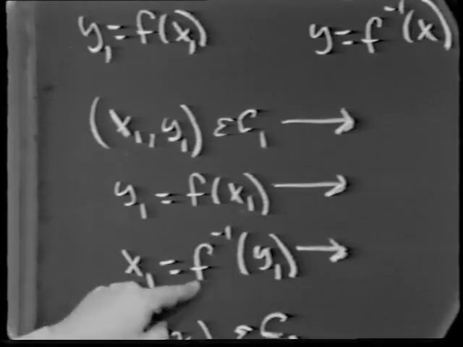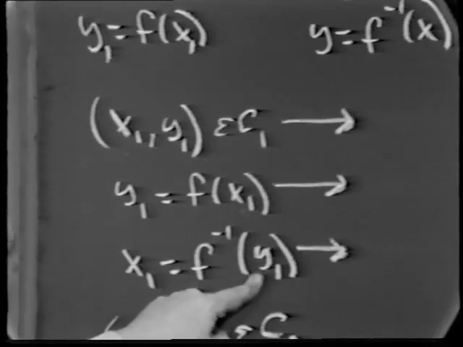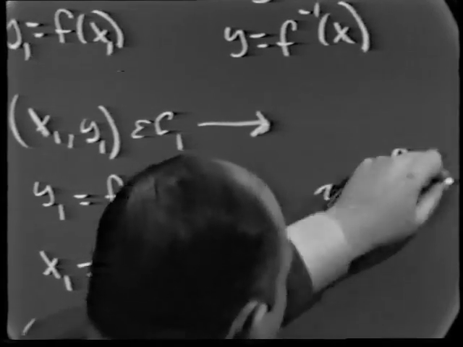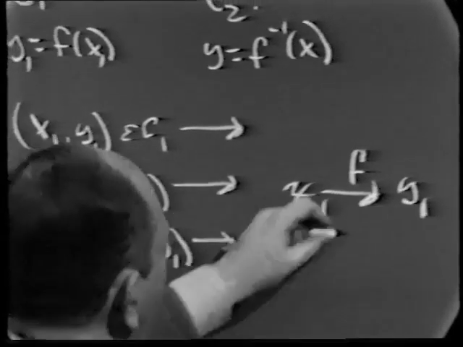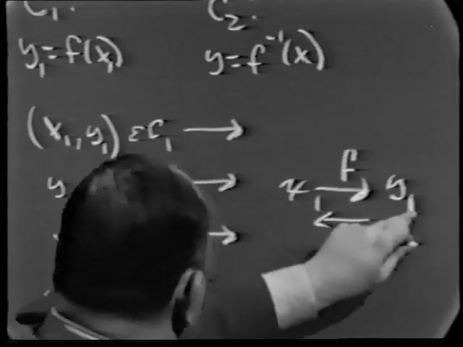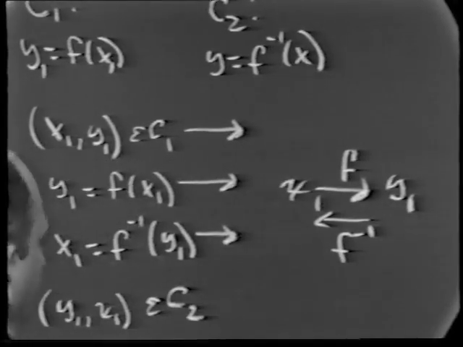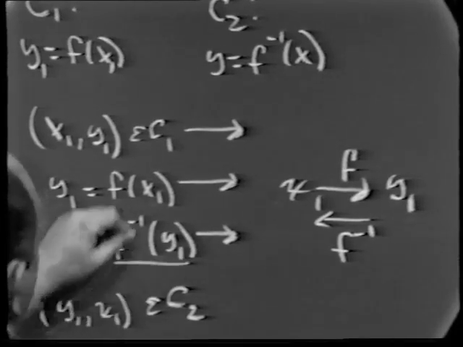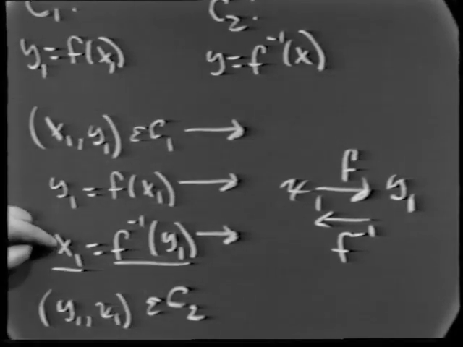That x1 is f inverse of y1. In other words, if f maps x1 into y1, f inverse maps y1 into x1 by definition. Now you see, compare this with the curve C2.